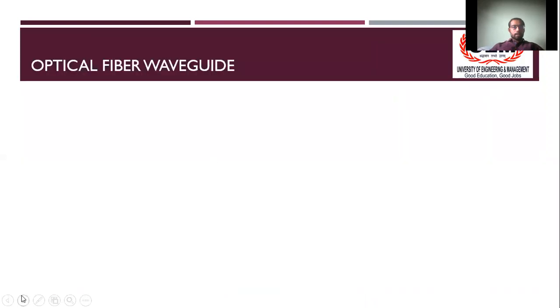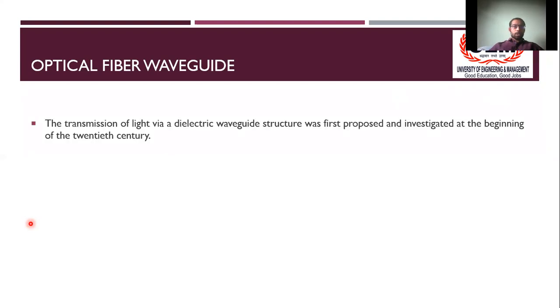So first we'll understand how the fiber optic waveguide is designed, what its architecture is, what the design of this fiber optic core looks like, and what it is made of, so that we can implement our light ray model to understand the propagation of light through this waveguide.